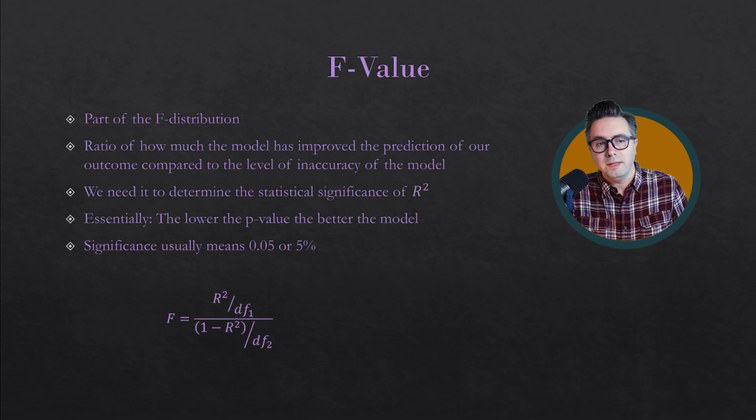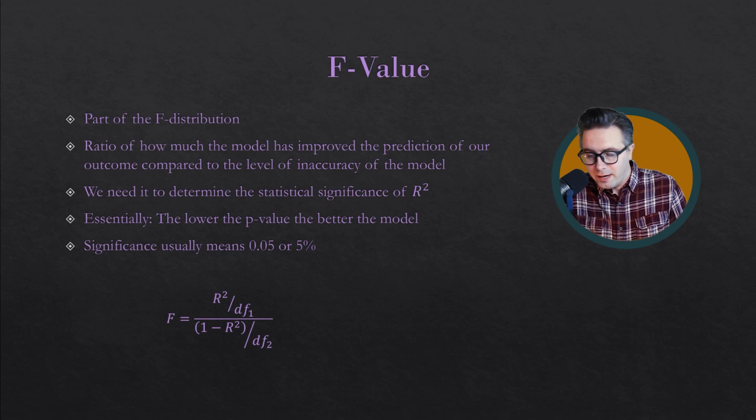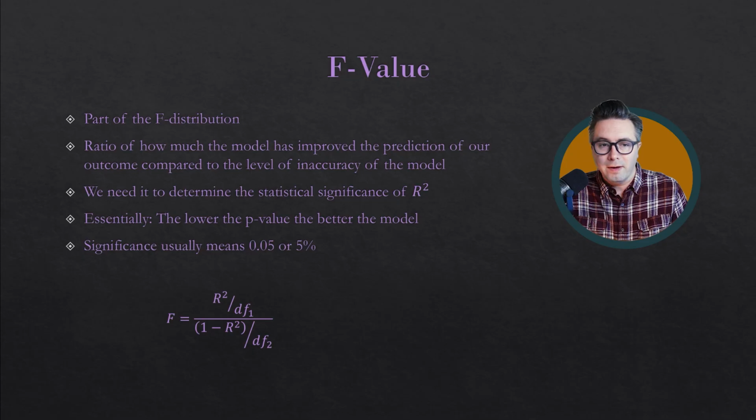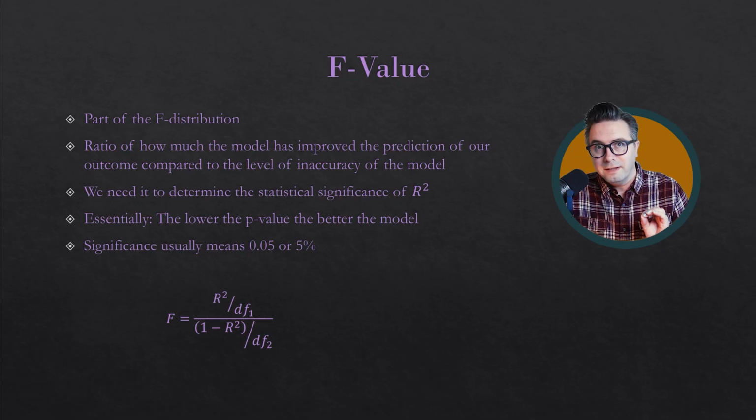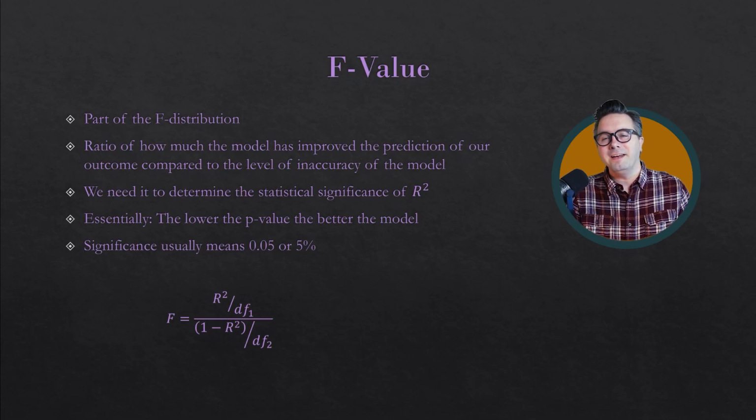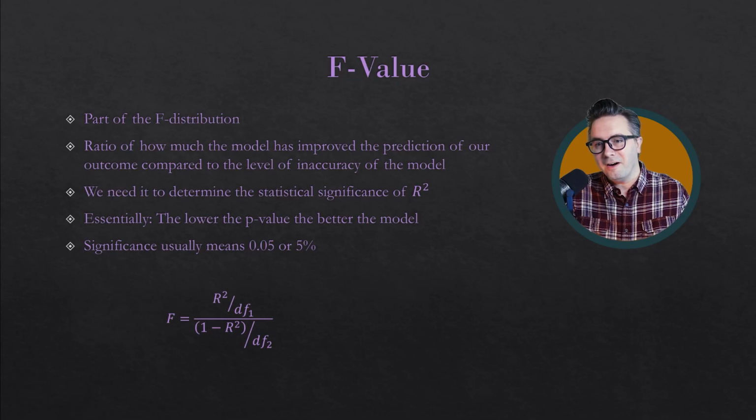This helps us determine the associated p-value. And as it says here, the lower the p-value, the better. Usually the default is 0.05 or 5%, so if it's less than 5%, then it's considered statistically significant. Okay, let's go see how to find some of these calculations in R now.